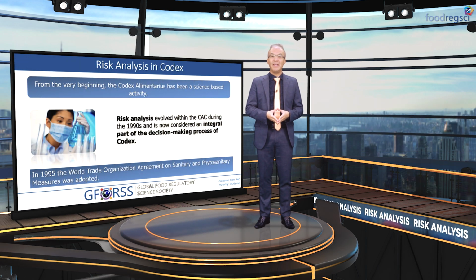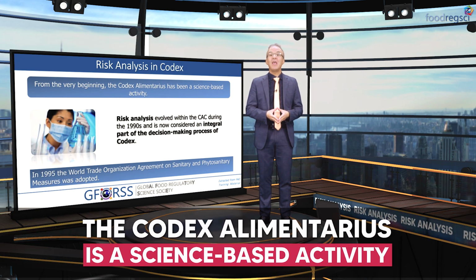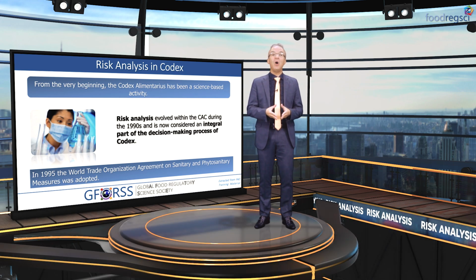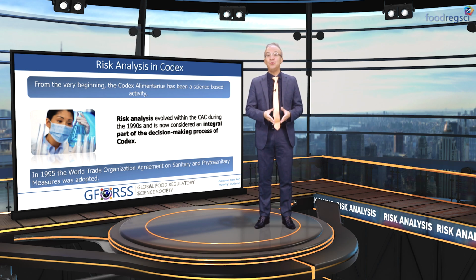From the very beginning, the Codex Alimentarius has been a science-based activity. Experts and specialists in a wide range of disciplines have contributed to every aspect of the Codex text and to ensure that its standards withstand the most rigorous scientific scrutiny.